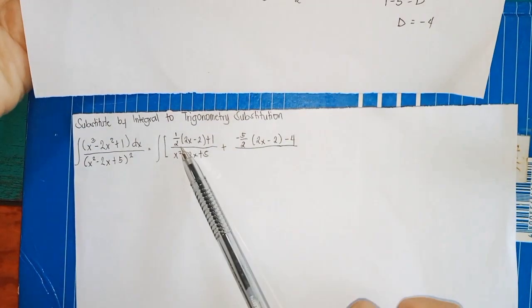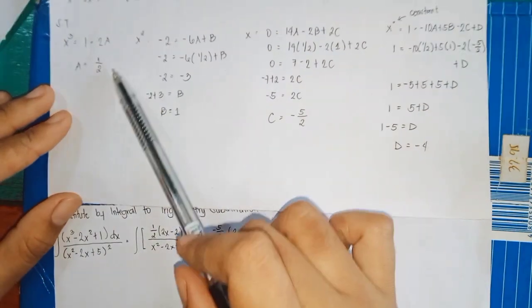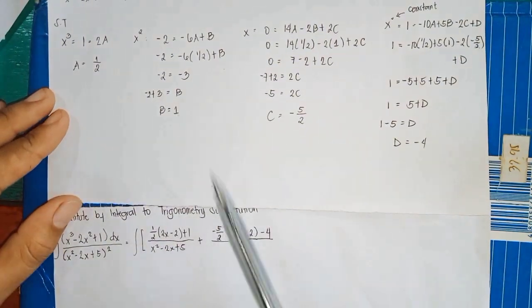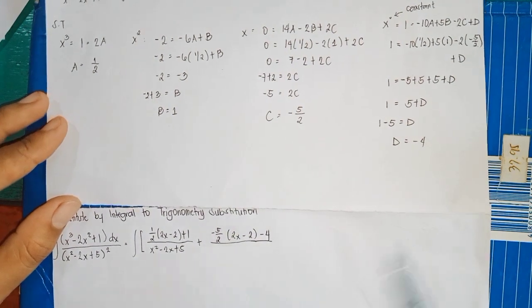So 1 half will be our A, 1 will be our B, negative 5 half will be our C, and negative 4 will be our D.